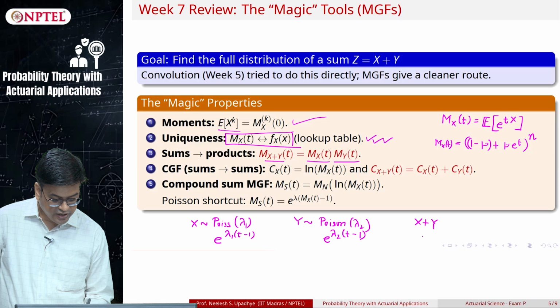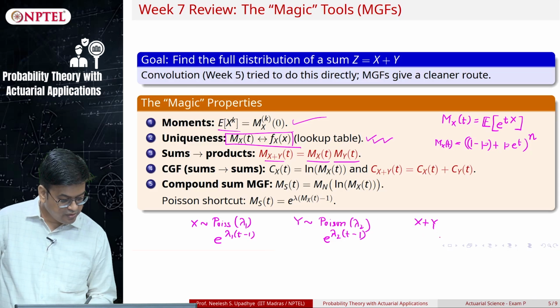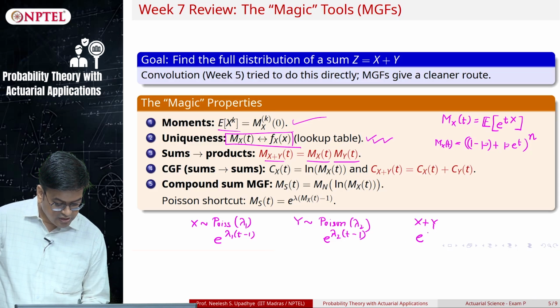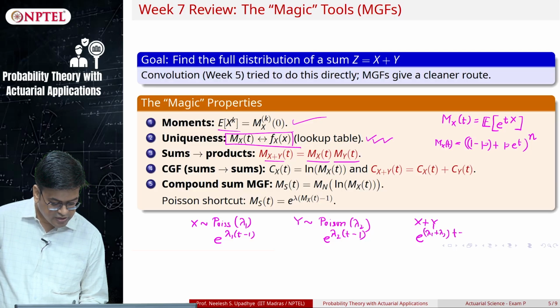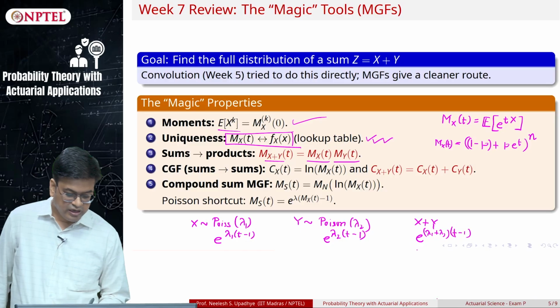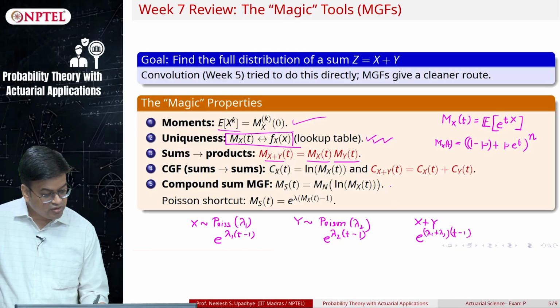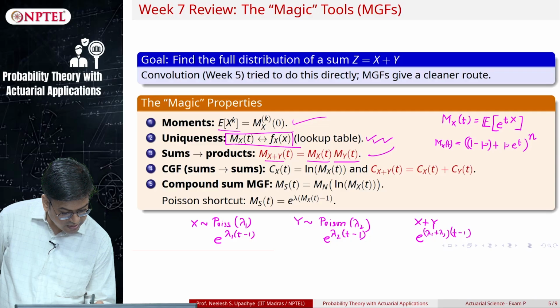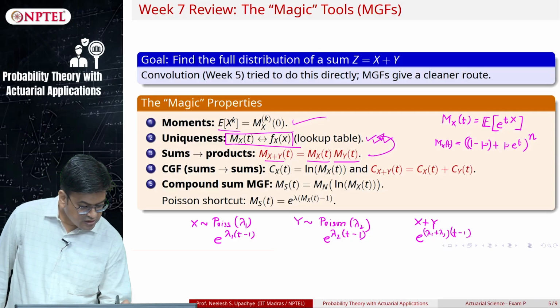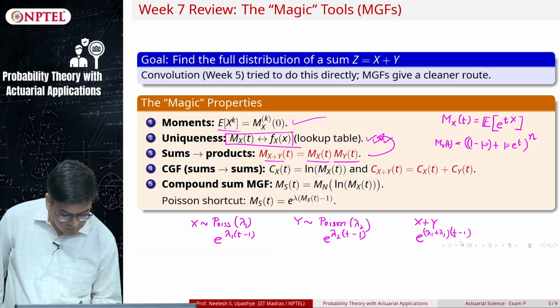You can easily verify this. Then by this property, what I know is this will become e raised to (lambda 1 plus lambda 2) times (e^t minus 1). Okay. And therefore, because of this property, now you can convert it back, there is a one-to-one correspondence. So what will this be?